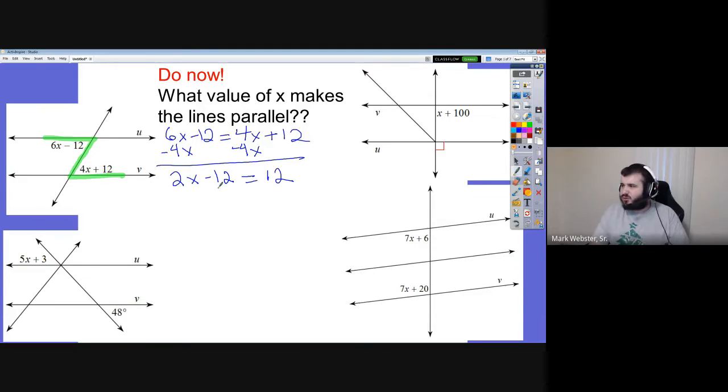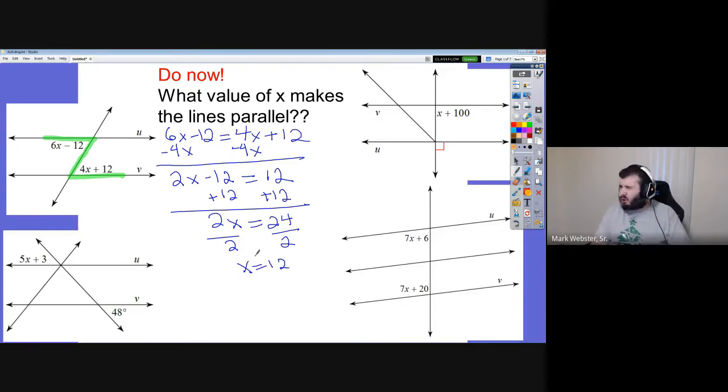Now I either add or subtract, and then I either multiply or divide. So let me add 12 to cancel out the 12 over here. Let me divide by 2 to cancel out the 2 here. And I get x equals 12.